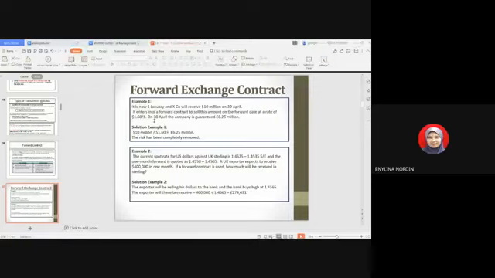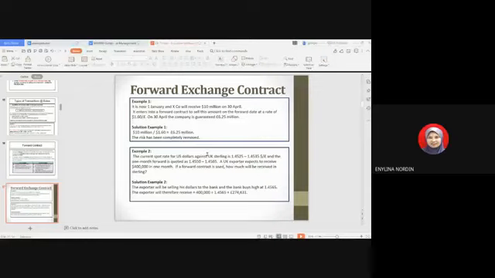So the question here is whether the company actually gets what they want for the foreign currency. Here it will receive $10 million, and £1 equals $1.6. So if this company received 10 million on 30th April, that means 10 million divided by 1.6. Not any other rates.